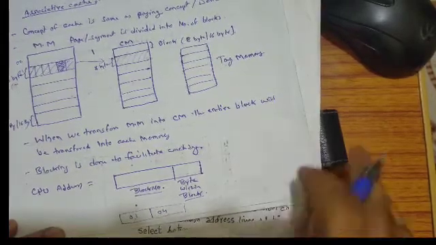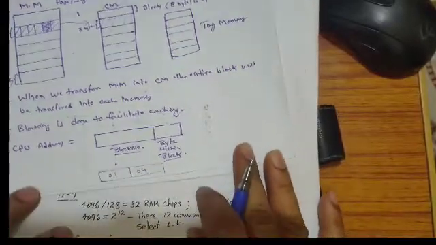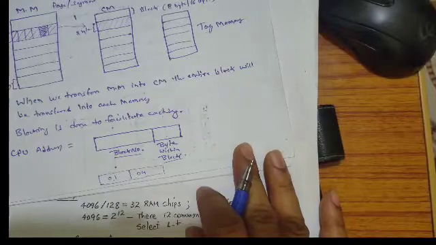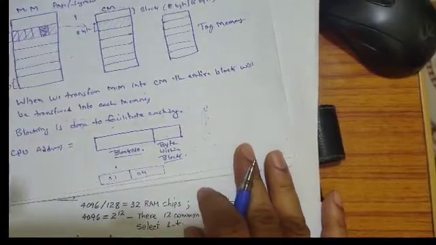This way the CPU performs addressing inside the main memory and similarly in the cache memory.